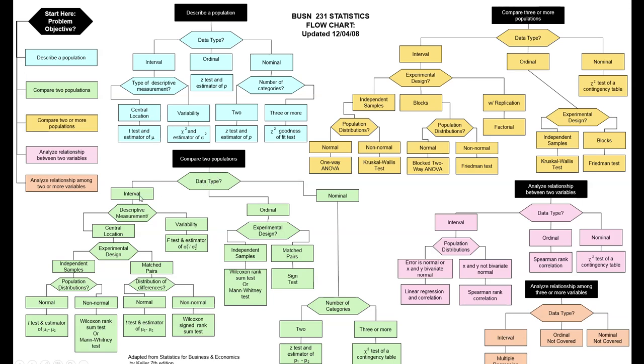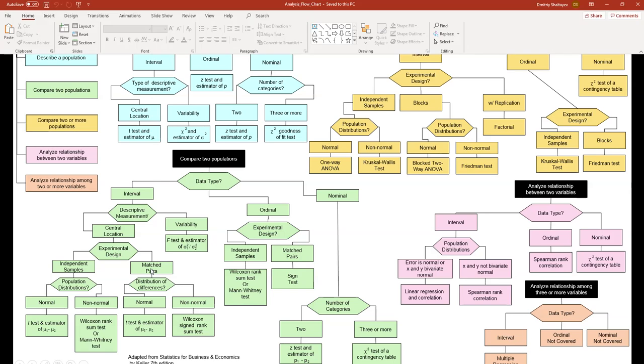What is the data type? Well, numbers, so numerical interval data. Descriptive measures: do I look at central locations or at the variability? We never look at the variability in this course, so I'm looking at mu, central locations. Next question: experimental design. Are samples collected independently or as matched pairs?